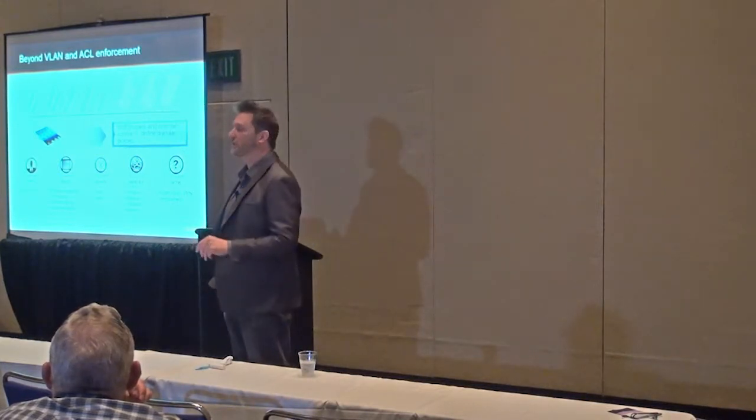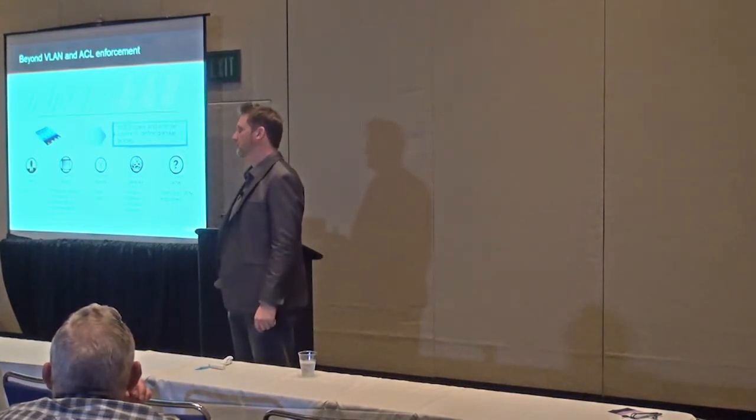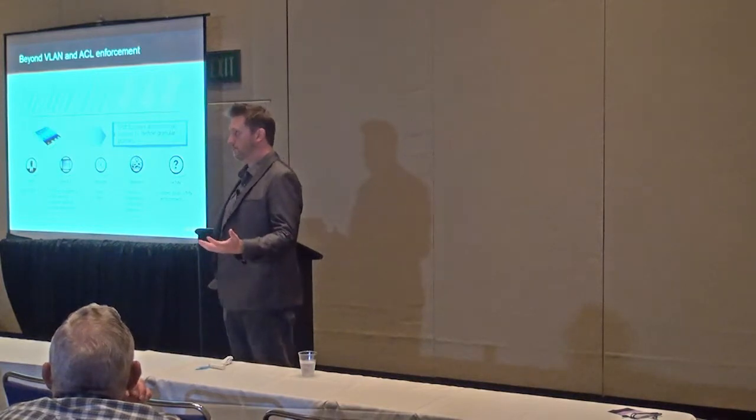And that architecture is VLANs. Am I right? That's an old architecture. We've been pretending for a long time that VLANs are a security mechanism. VLANs are not a security mechanism. Okay? If you think that they are, give me 2 minutes and I'll tell you why they're not.